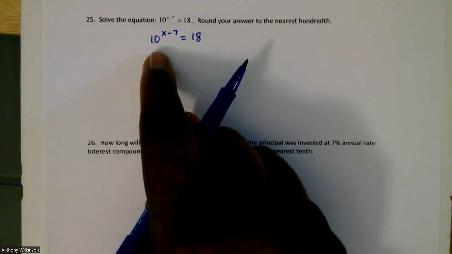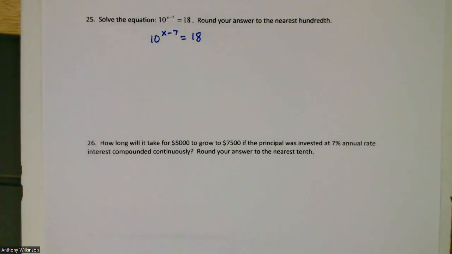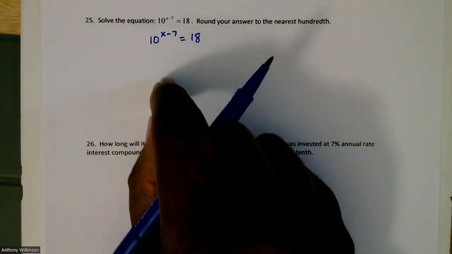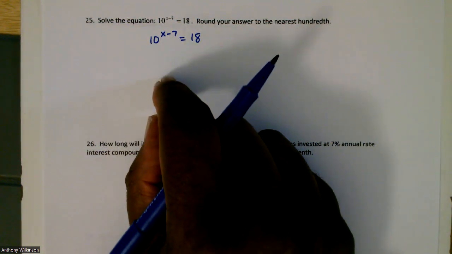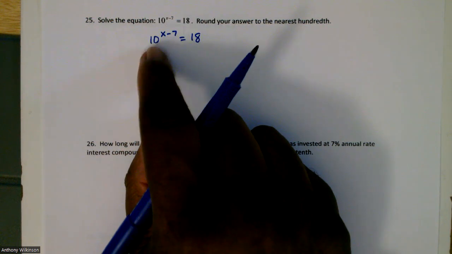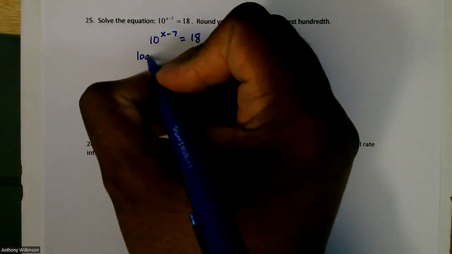Now notice that this exponential expression is already by itself, so you don't have to worry about moving terms over to the opposite side. Now, what we need to do is either take the natural log on both sides or take the common logarithm on both sides. Since we already have a base of 10 given, let's go ahead and take the common logarithm on both sides.